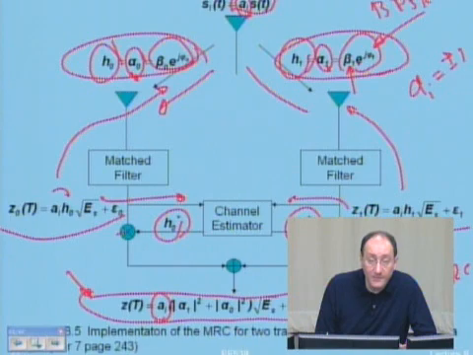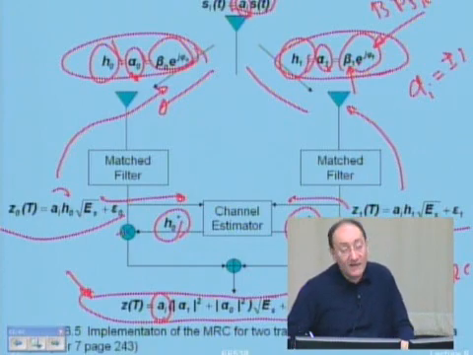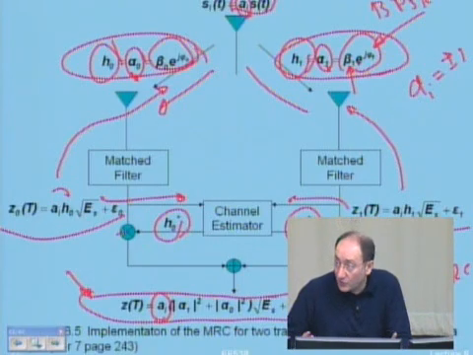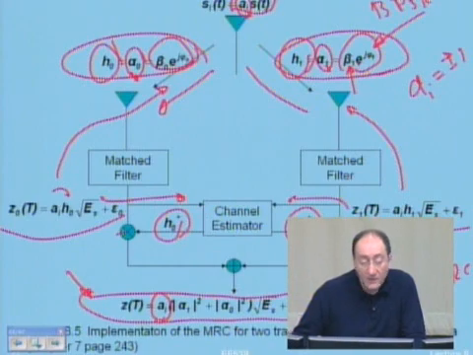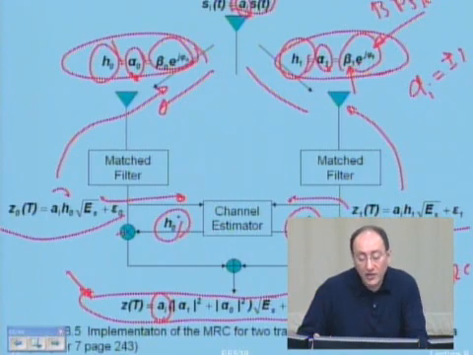Do you follow me? So this is my story of the maximal ratio combiner, an example of how to implement it with two antennas. It's not a very difficult thing to implement. And the modulation technique I assume to be binary PSK.